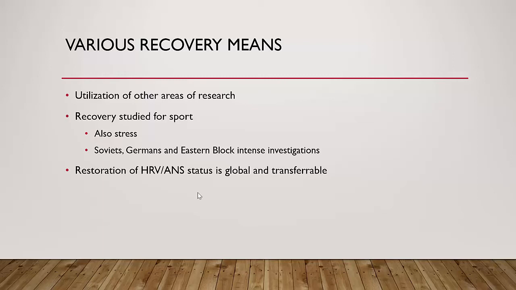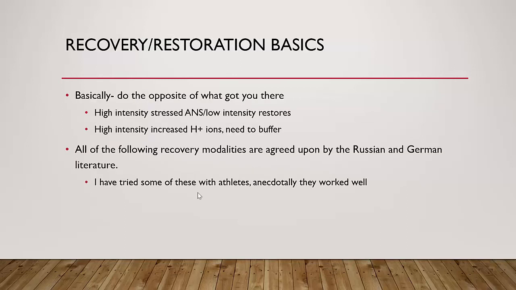We're looking at the restoration of heart rate variability in the autonomic nervous system status. It's global and transferable, meaning that if you are improving your heart rate variability from doing one thing, it's probably going to transfer over to the other. So if I improve my heart rate variability through the use of some nutritional and physiotherapy means, then I'm probably going to be feeling better in all aspects of my life.